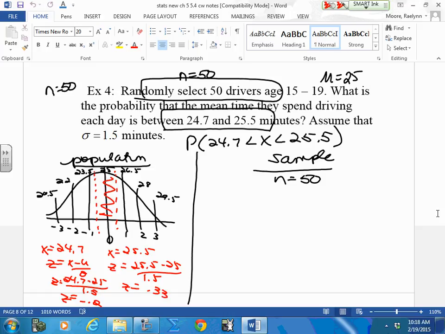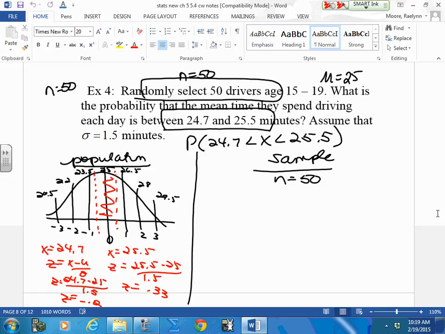Now, how do we find the area in between? We look up your z-scores. Hang in there, guys. We find the area for this one, we find the area for this one, and then we subtract your areas. So if somebody's using a handy chart, let's find your areas. I want you to see the difference because this is really why we use this.